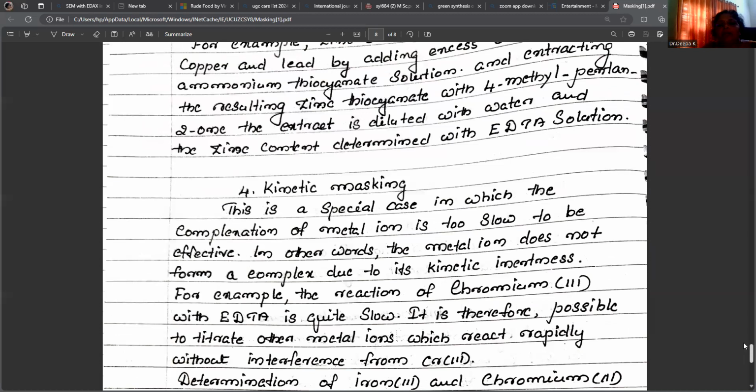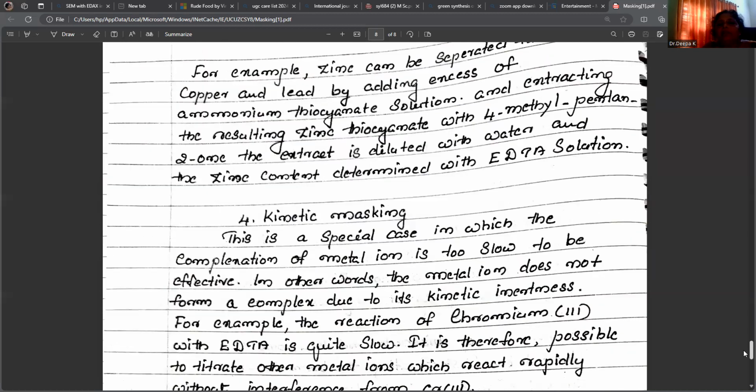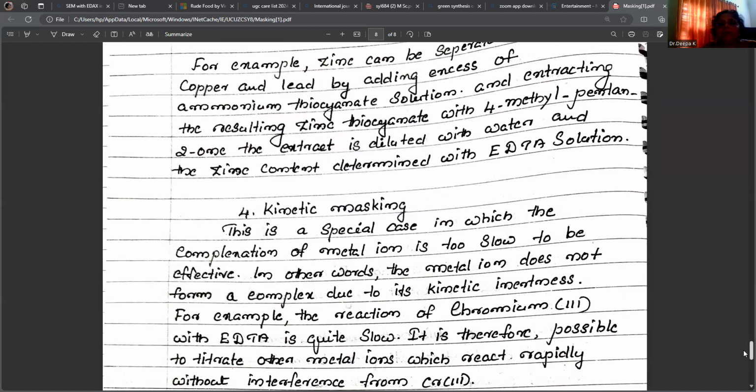For example, zinc can be separated from copper and lead by adding excess of ammonium thiocyanate solution and extracting the resulting zinc thiocyanate with 4-methylpentan-2-one. The extract is diluted with water and the zinc content is determined with the EDTA titration.